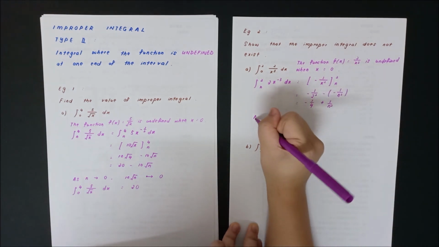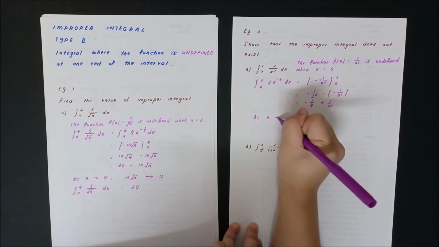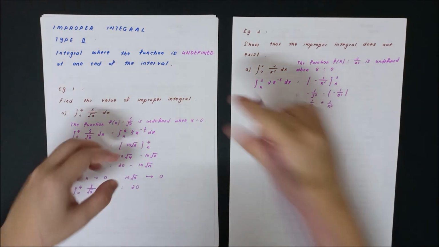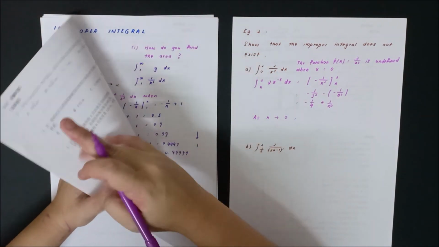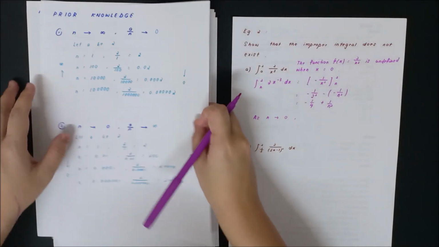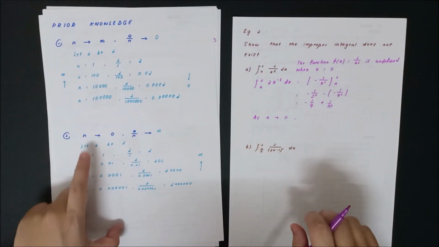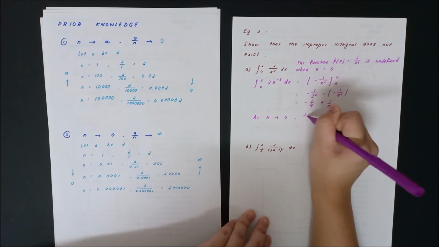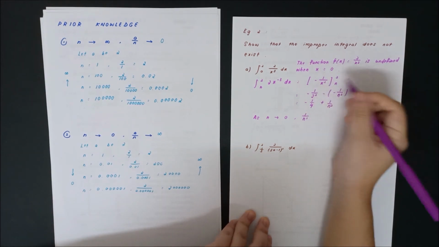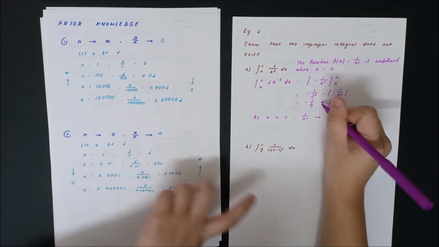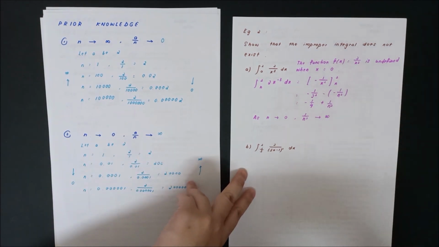Now as n approaches 0, we have 1 over 0. You remember the prior knowledge: when n approaches 0 and you have 1 over n squared, this will approach infinity.